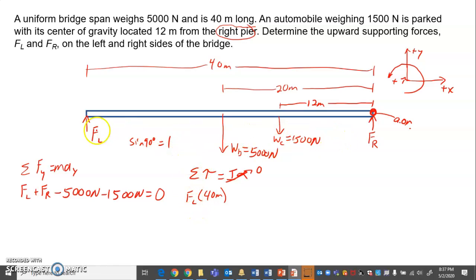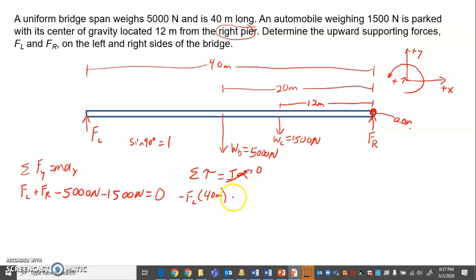And all of these forces are acting at right angles compared to the distance. So FL times 40 meters times the sine of 90, and that's acting in the negative direction. Okay, if you don't believe me, you can lay your pencil on the screen, hold it at the right end, and then push up at the left end, and you'll see it rotating clockwise. And that's the negative direction.